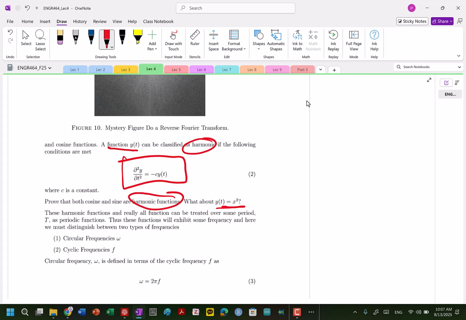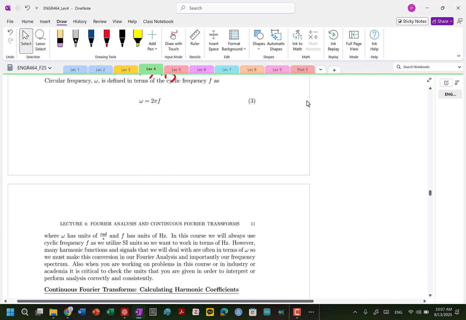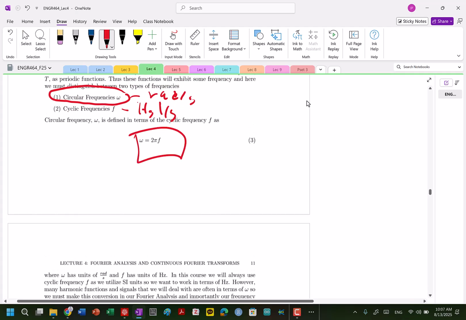Additionally, when you're dealing with sinusoidal signals, you'll typically see it in terms of circular frequencies. What are those units? Radians per second. Cyclical frequencies, hertz, or 1 per second. So it's really important how we can relate the two of these. Be sure you know what is in that signal. When you're dealing with a typical sine, it's going to be some omega t, so radians per second.